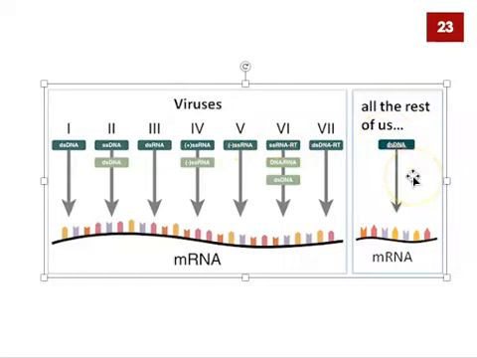Remember, our living cells all use double-stranded DNA, and they do a process called transcription to make RNA from that DNA. Our cells and all cells do the same thing. That's why we refer to it as the central dogma of biology. Viruses aren't living though, and viruses do something very different.